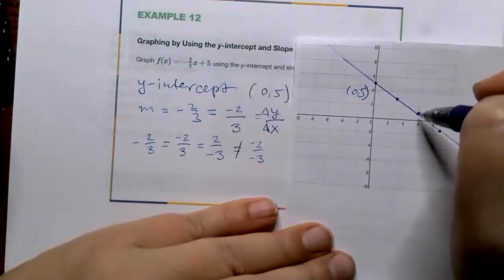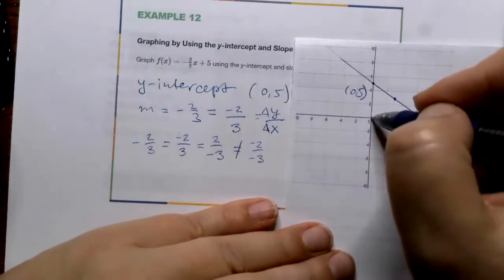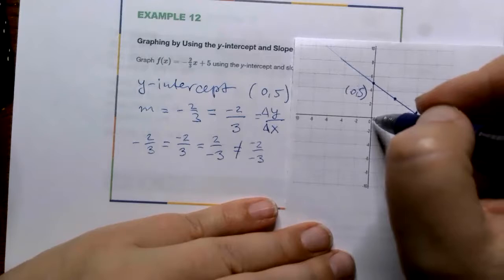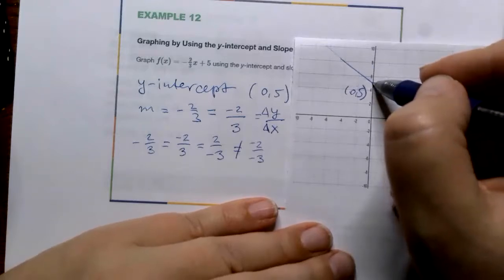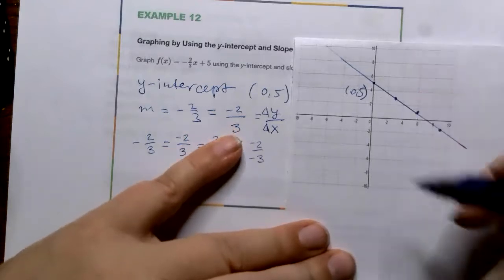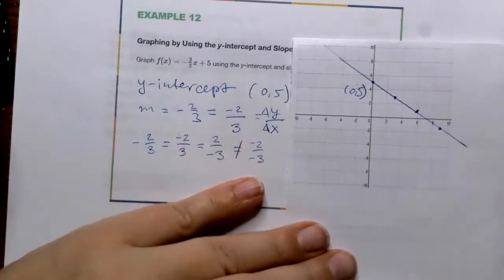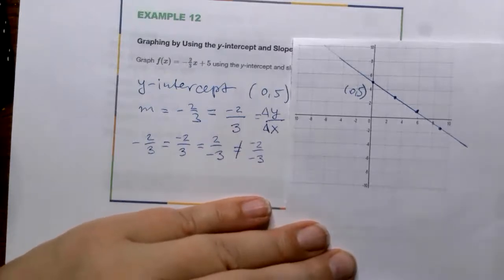Okay, so that's allowed. What is not allowed is to start at 0, 0, unless that's the point on the line. And that's a common mistake that I see, that students, instead of starting with a point on the line like a y-intercept, start at 0, 0 and go 2 down, 3 over from 0, 0. This is not a point on the line, and so that would be a mistake. So watch out for that.